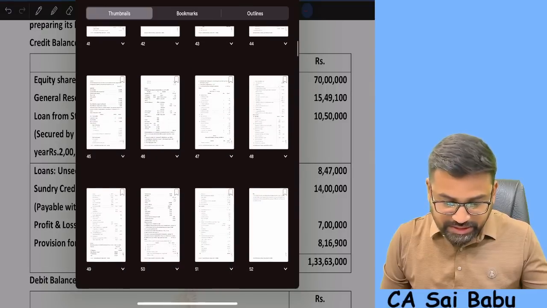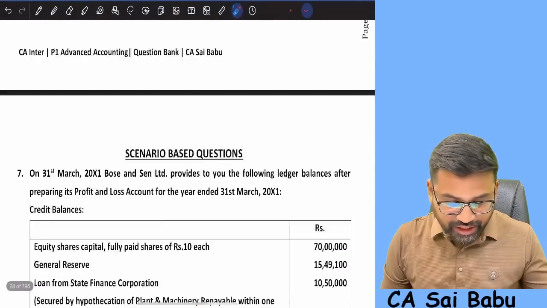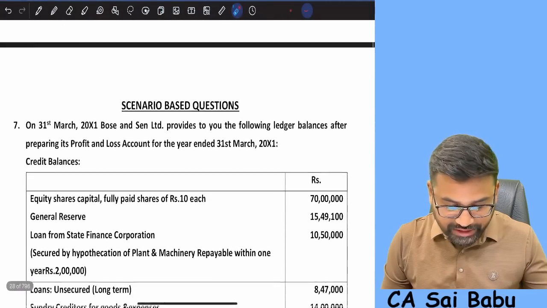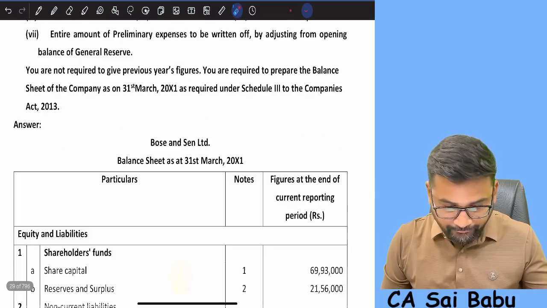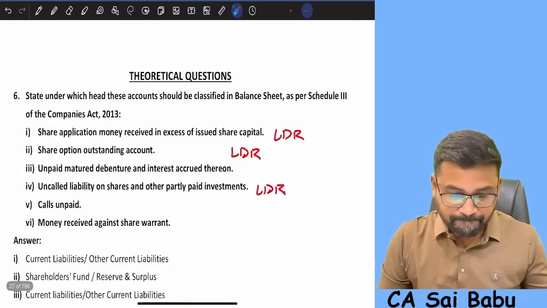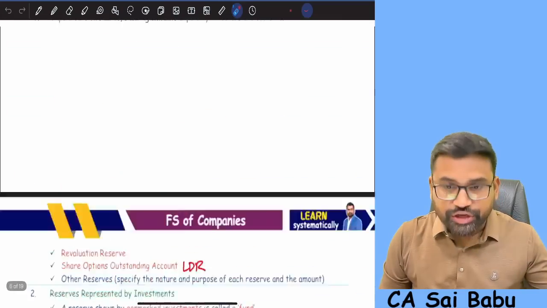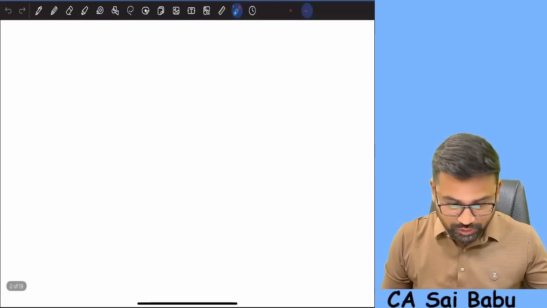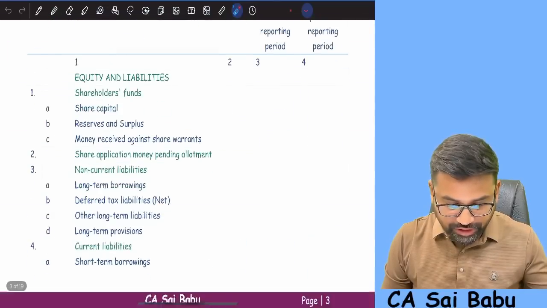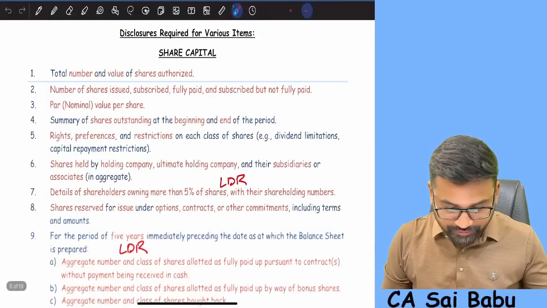That's it. This is the first chapter, financial statements of company, important points. And if I go to Schedule 3, what are the important points I can see? First, share capital.